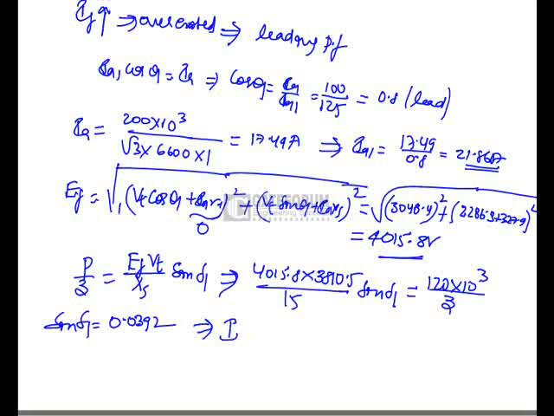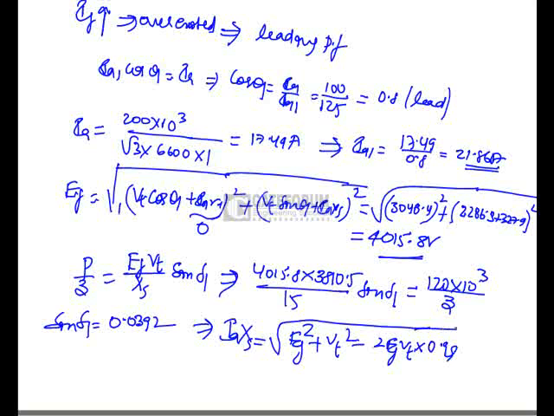Now what is Ia into XS? Ia into XS is the square root of EF square plus Vt square minus 2 times EF into Vt into cos delta.